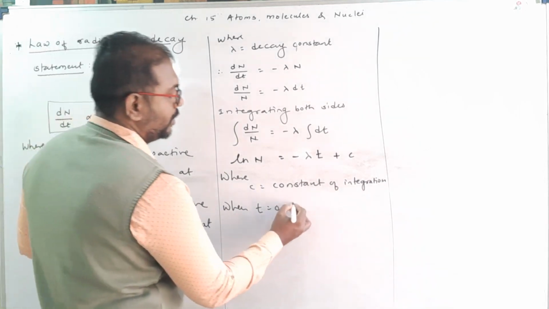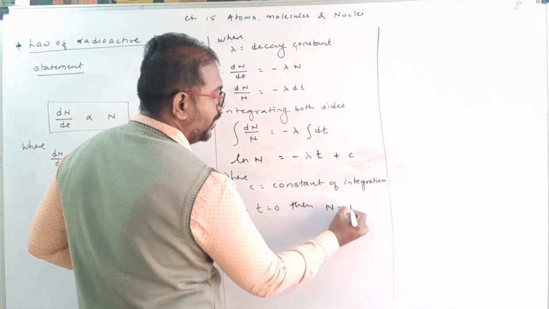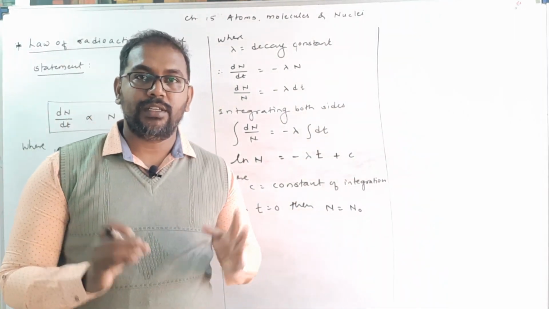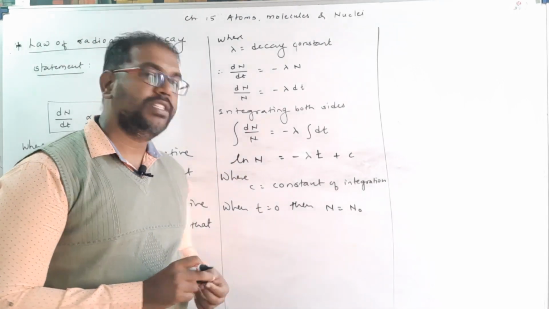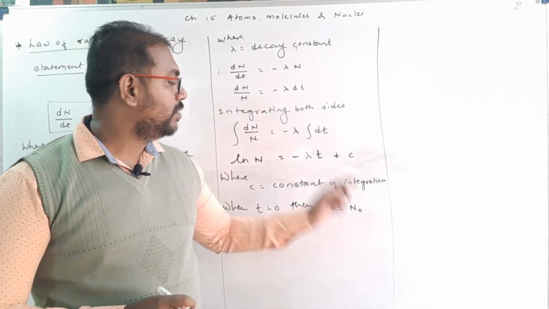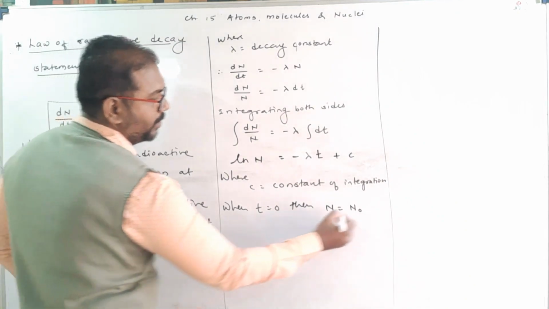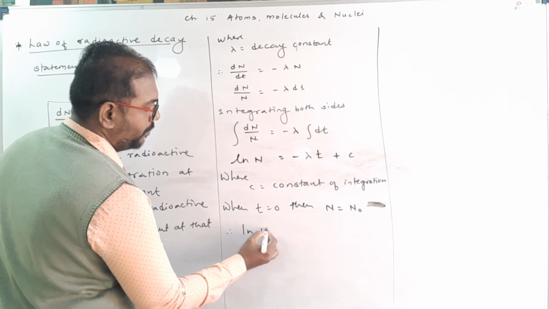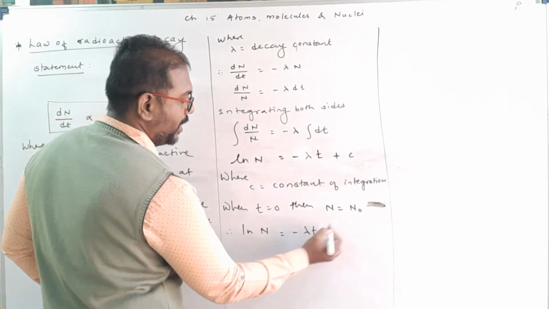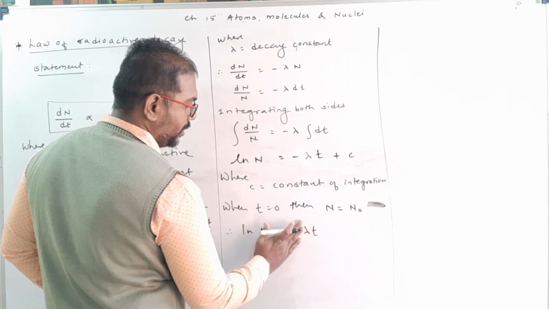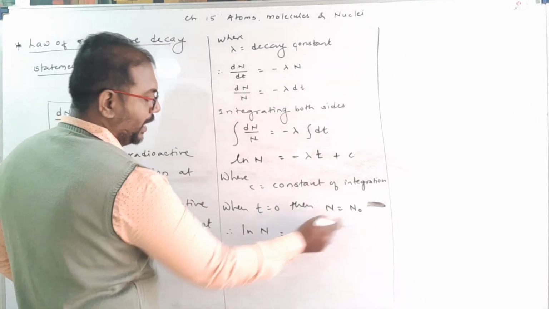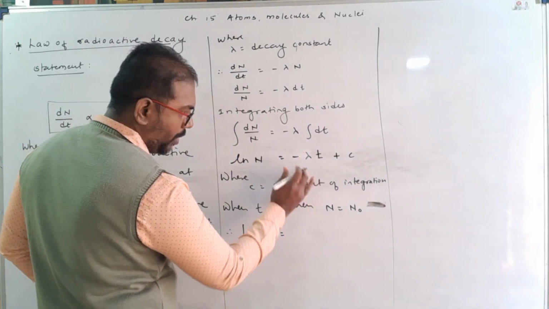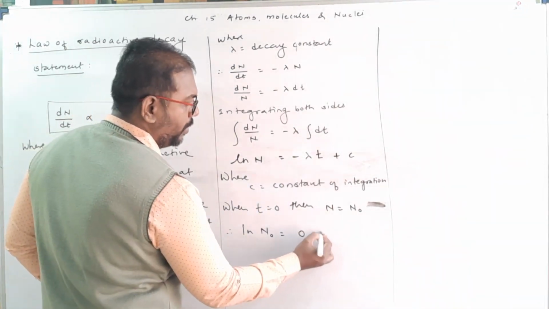So when t is 0, N is equal to N0, where N0 is the number of original nuclei present at time 0. Substituting these values in log N is equal to minus lambda t plus c, instead of N we put log N0, instead of t we put 0, minus lambda into 0, plus c.